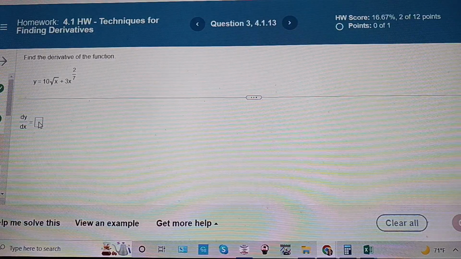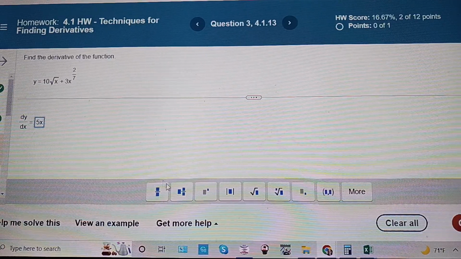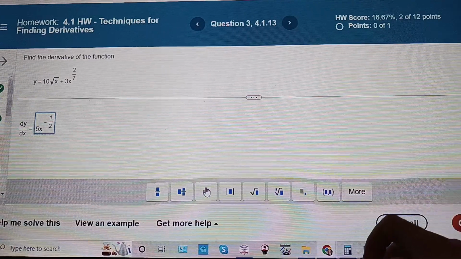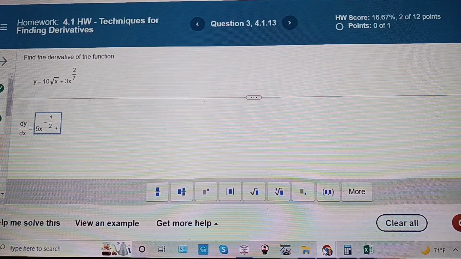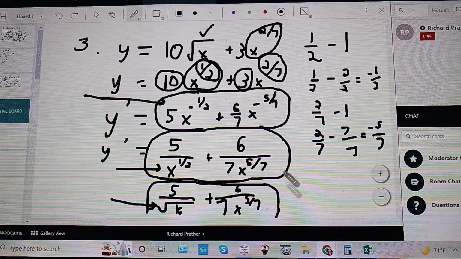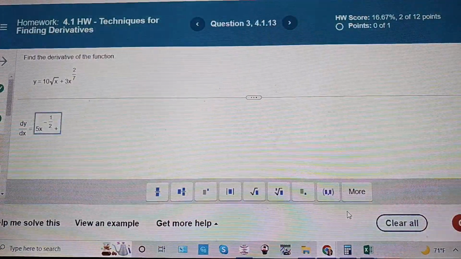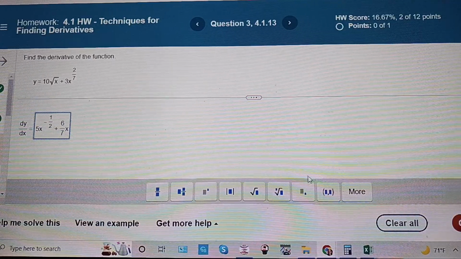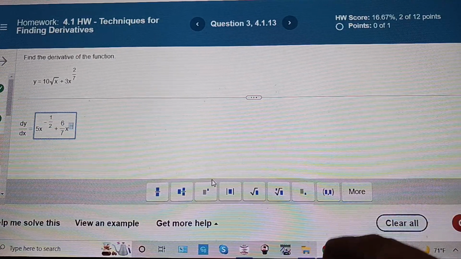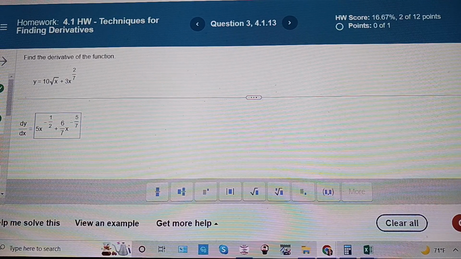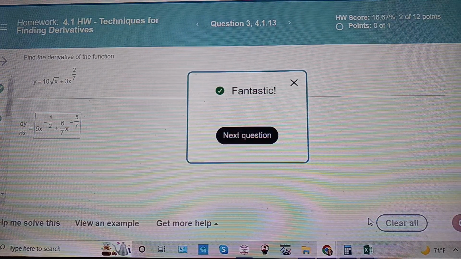So I would just leave it 5x to the negative 1/2 plus 6/7 x to the negative 5/2. So they take that version of it.